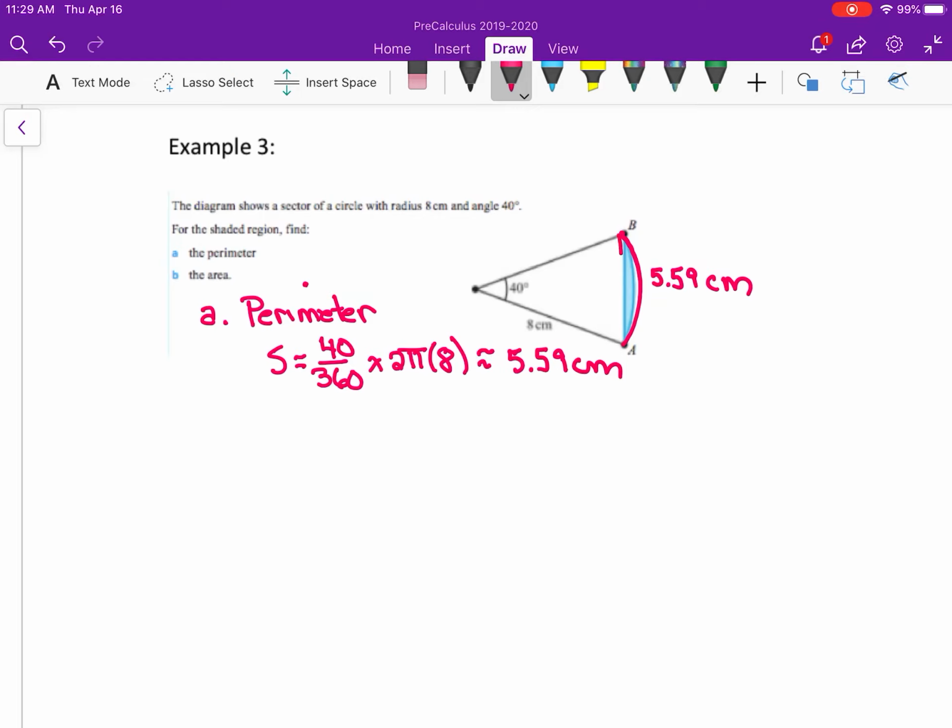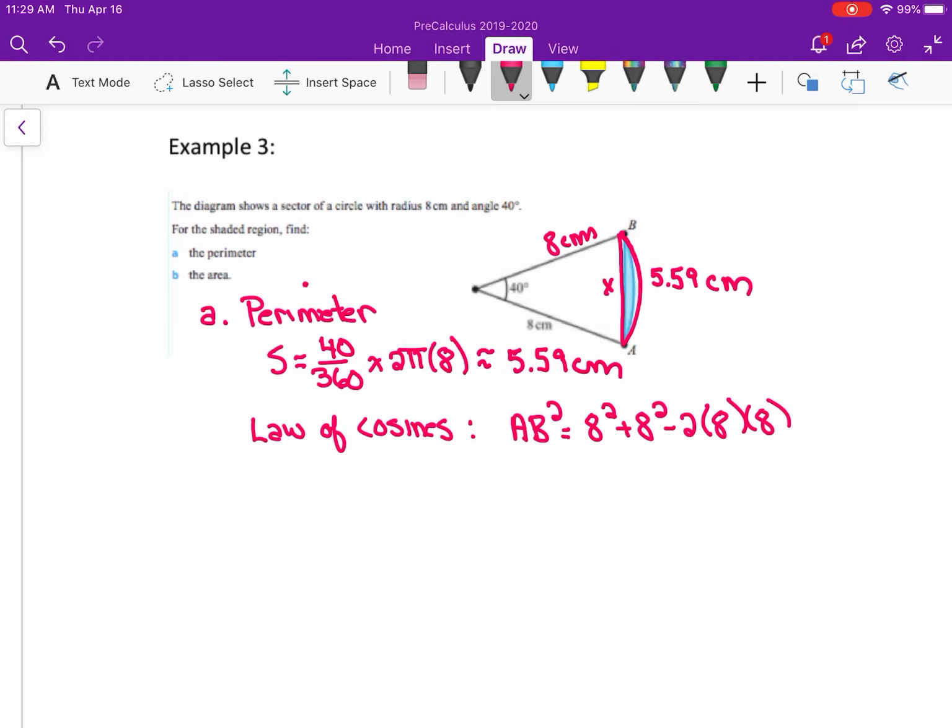And now what we need is the length of AB. All right, if we're finding the perimeter, we can use law of cosines for that. So basically, AB squared will equal 8 squared, and our other side is also 8, so plus 8 squared minus 2 times 8 times 8 cosine of the included angle, which is 40.